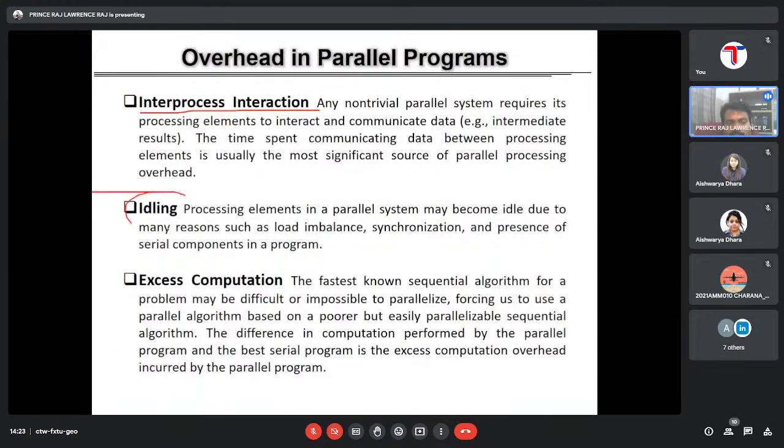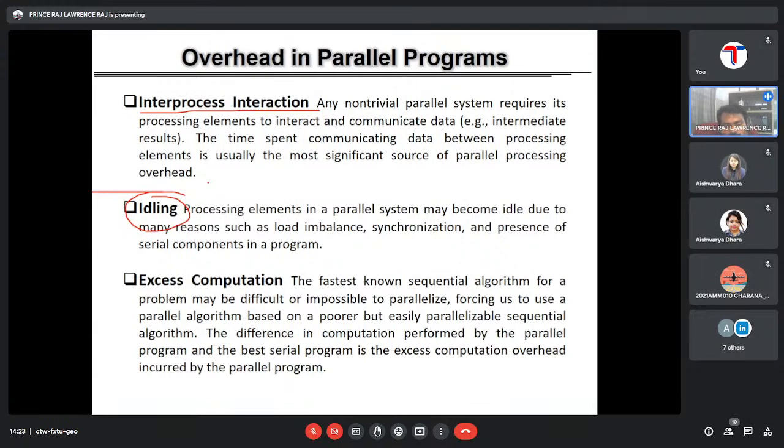Then idling. Idling means some processors will not run. For example, you are running 10 processors. One of the processors finishes its task earlier, which means it will be waiting for another processor. As you all know, in a team, the slowest running guy will decide the speed of the team.